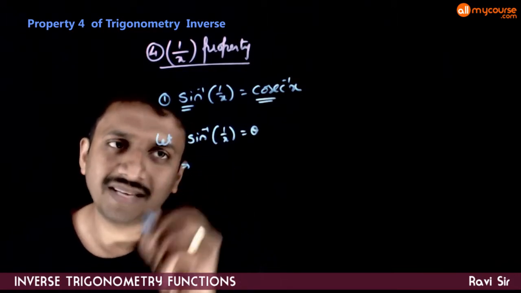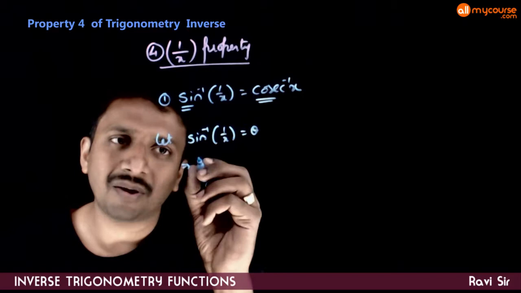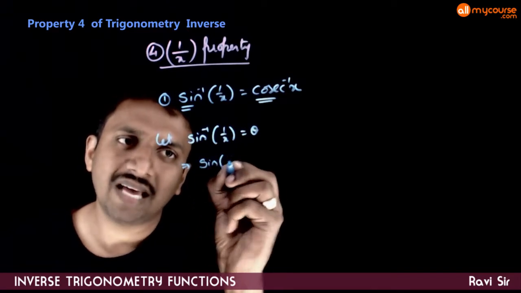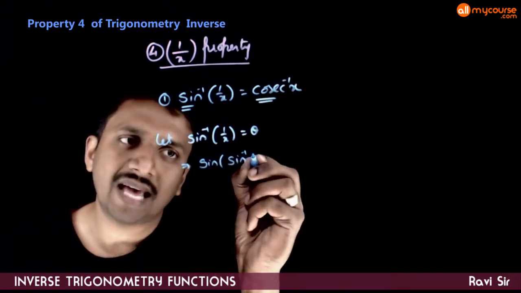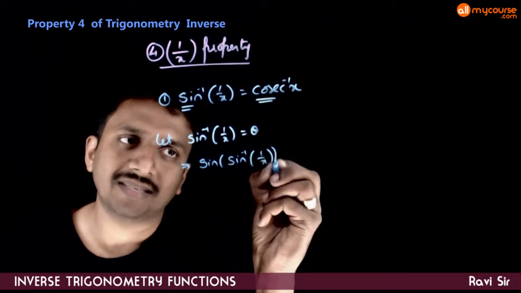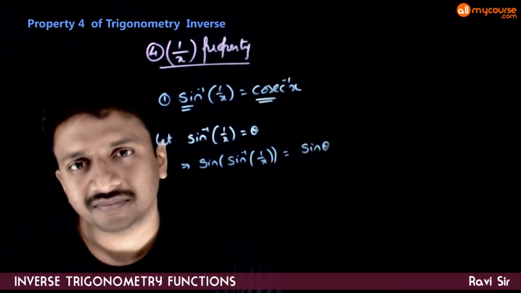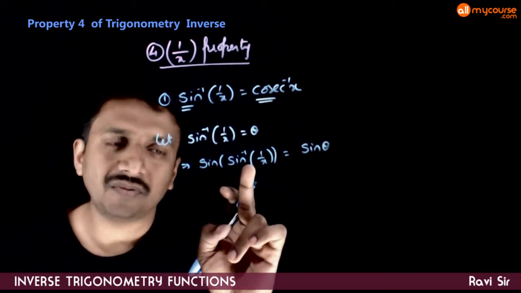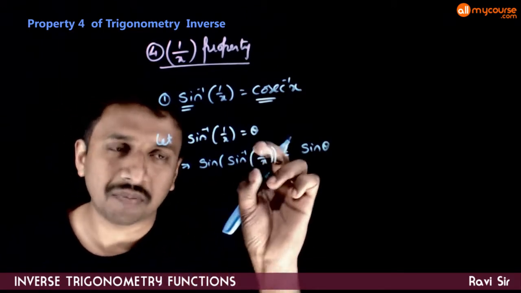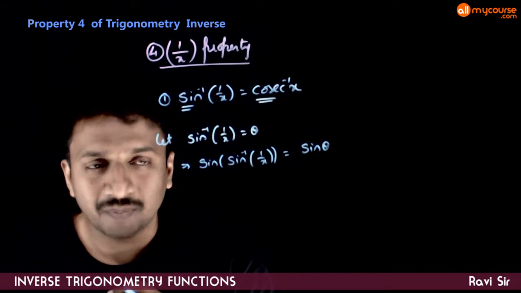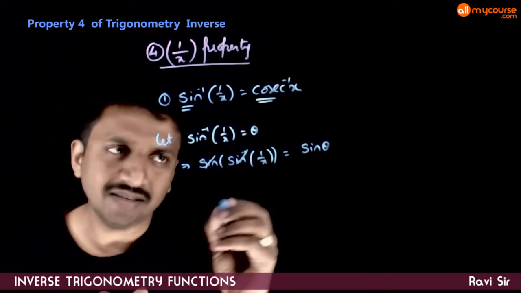Now if you apply sine on both sides, sine of sine inverse of 1 by x is equal to sine theta. As long as 1 by x is between minus 1 and plus 1, these two get cancelled.